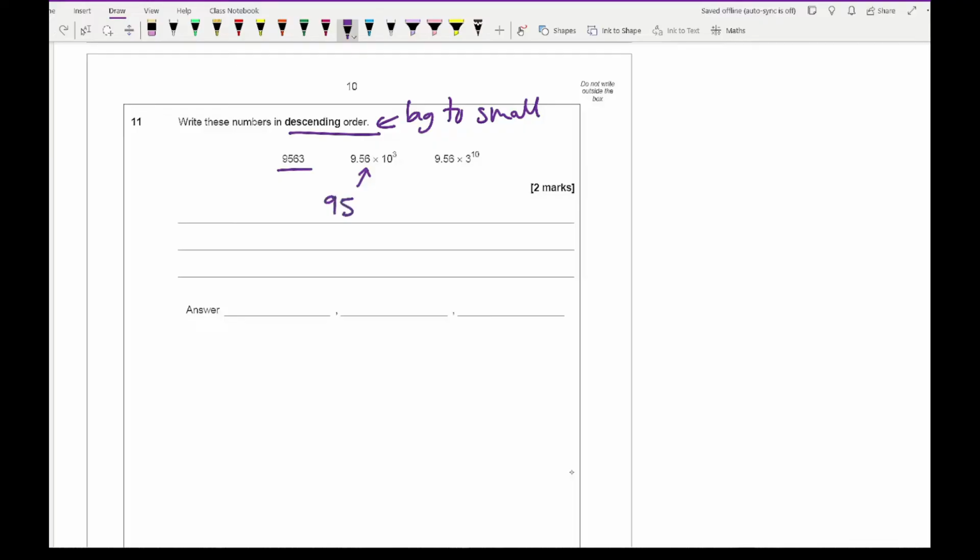It's going to be 9,560, but this one is going to be a humongous number. It's going to be 564,508.44. So in terms of which number is bigger, well, it's going to be 9.56 times 10 to the 3. Then looking at the other two numbers, it's going to be 9563 and then 9.56 times 10 to 3.